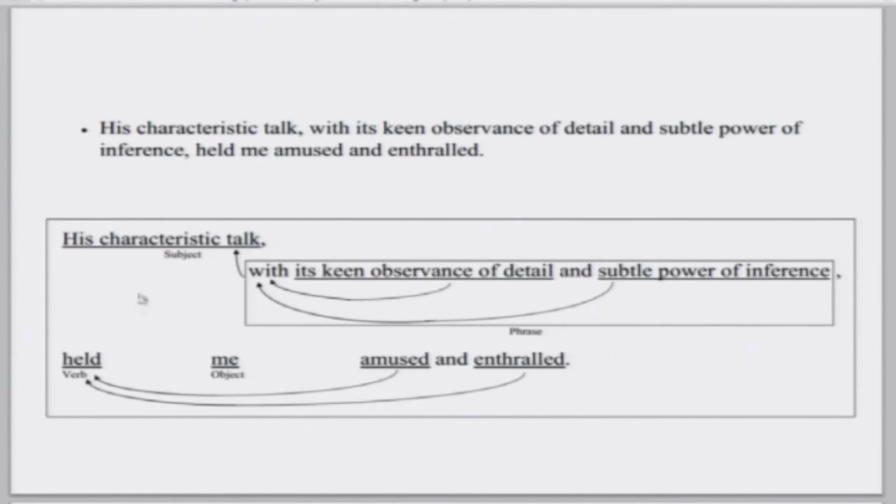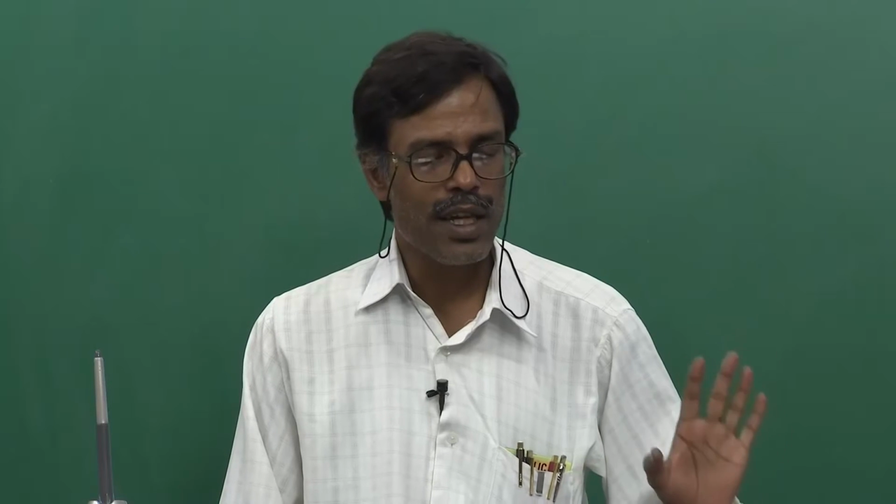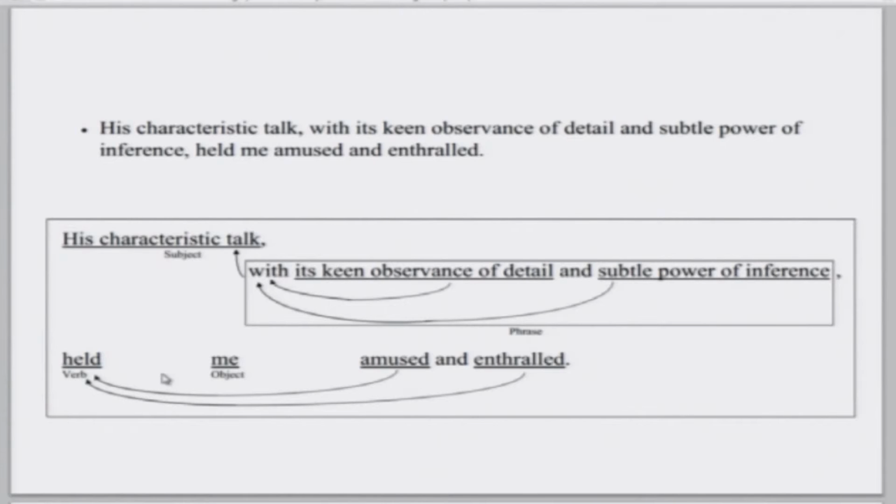A subject, a verb, an object, two adverbs qualifying the verb, and one extra adjective, which is this huge phrase, that is qualifying this. So, that means from here to here actually is the subject. Talk is the main subject word. So, you can take the sentence as talk held me.